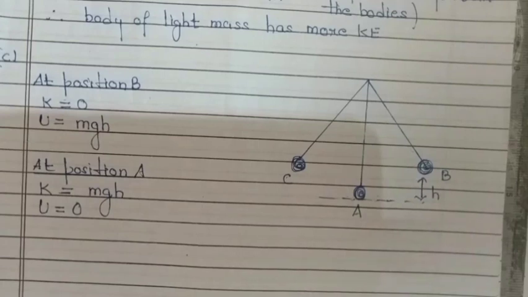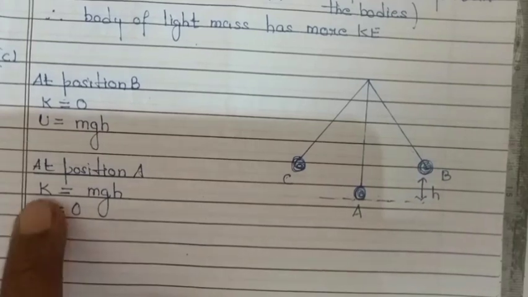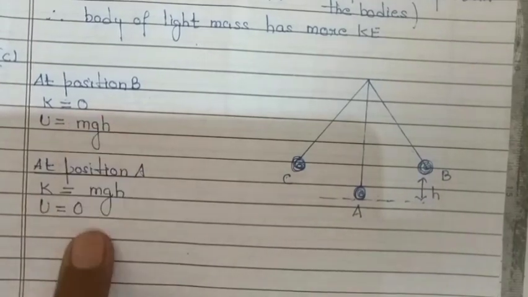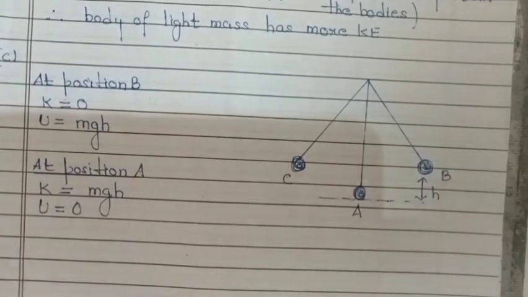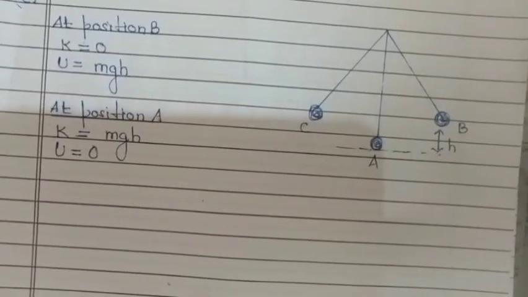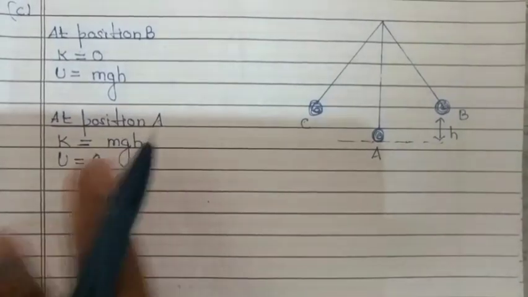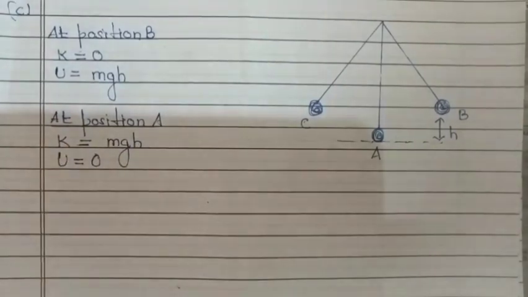It has not been indicated that there is any loss, so kinetic energy will be equal to mgh. Is this clear to you? We can't write kinetic energy as half mv squared, because velocity is not given to us in this question.